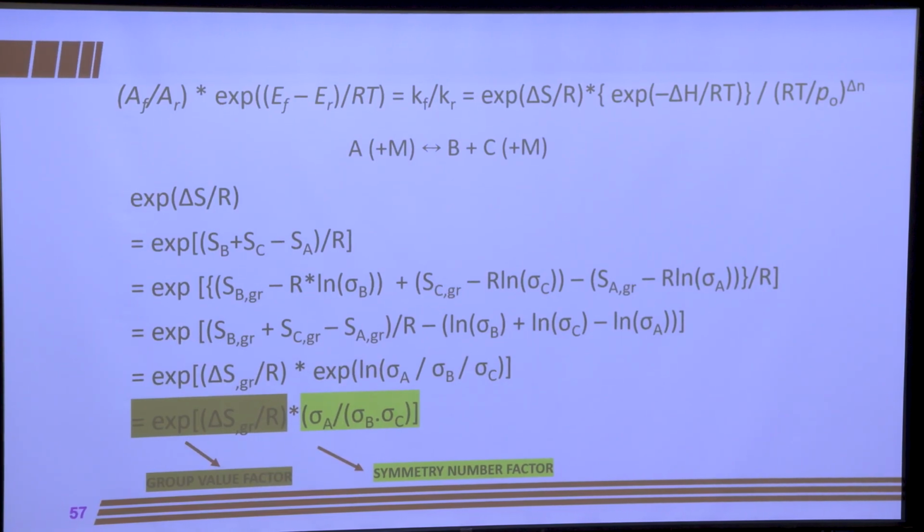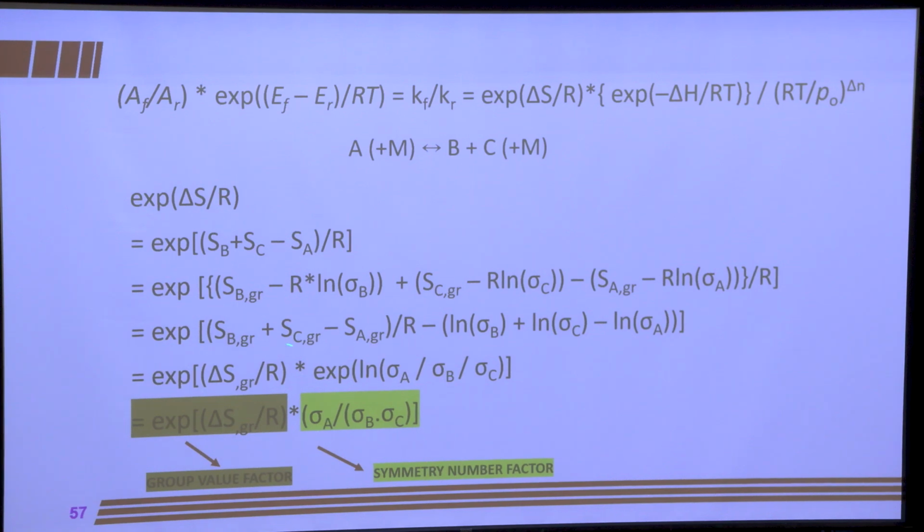So that's equal to the exponent of the group contributions to the entropy of B minus R log the symmetry of B, plus the group contributions to the entropy of C minus R log the symmetry of C, minus the group contributions to the entropy of A minus R log the symmetry of A. And all of those values divided by R.